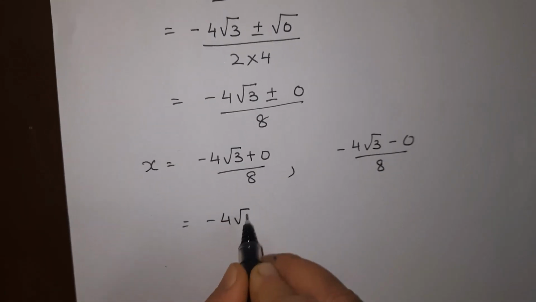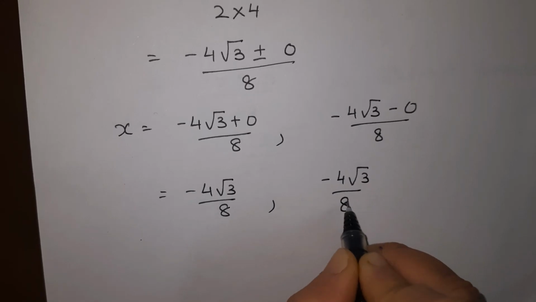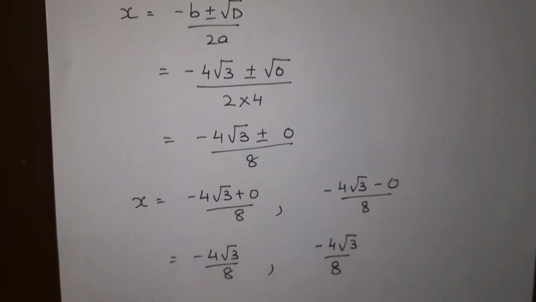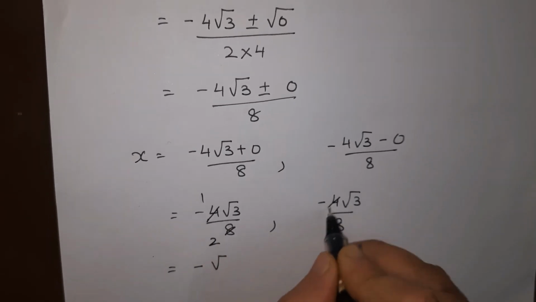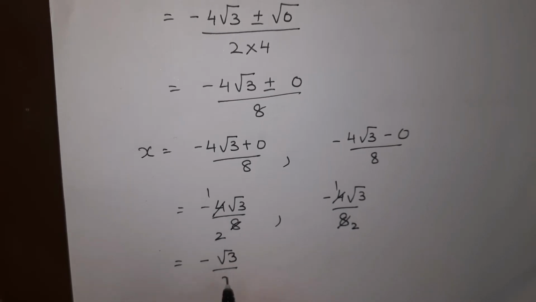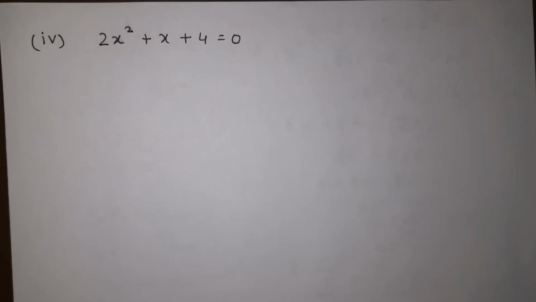Here we will get the same thing. Since D equals 0, we are getting two equal roots here. This can now be written as 4 2s are 8, so the answer is minus root 3 by 2 and minus root 3 by 2.